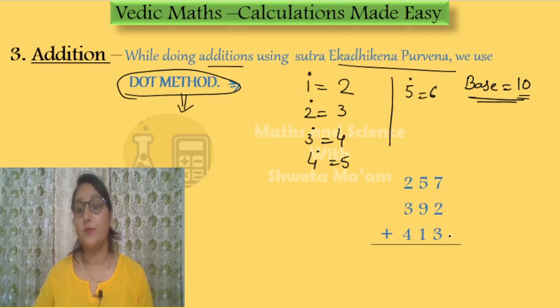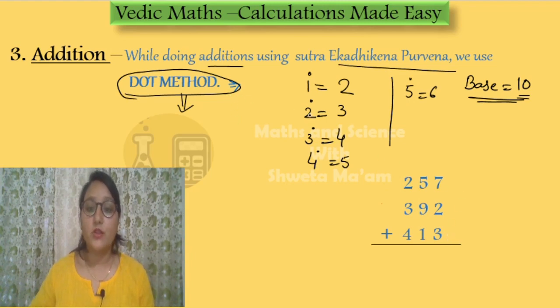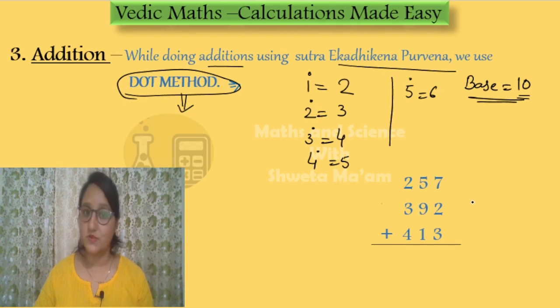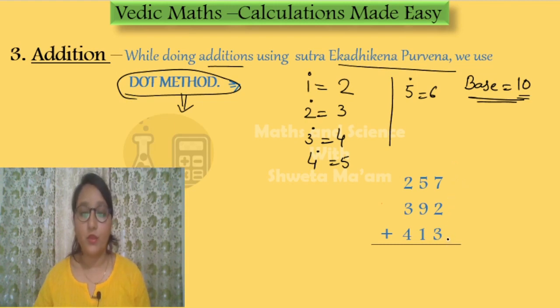Suppose I start from the downside. And yes students, one more thing, in Vedic maths we can start doing any operation, whether multiplication, division, addition or subtraction, from any side, either from downside or from upside. So let us start from the downside.